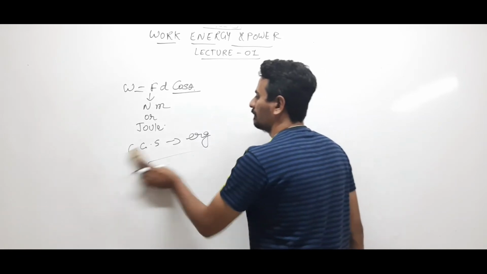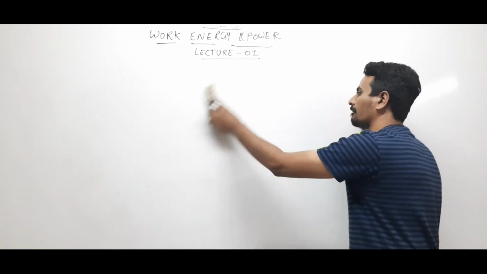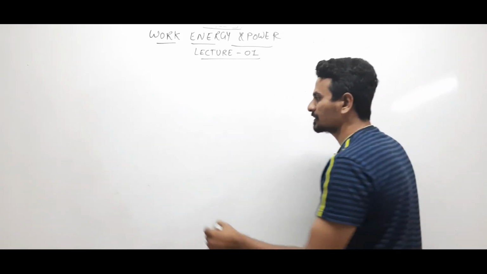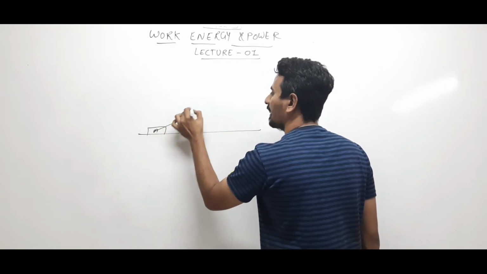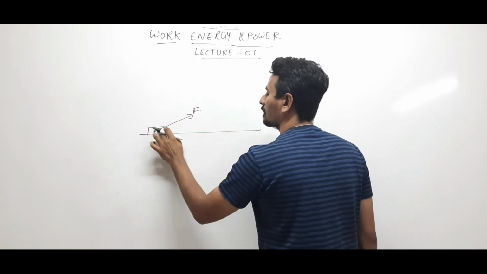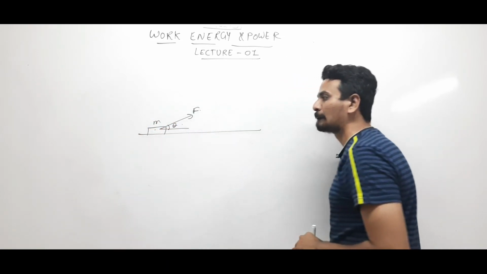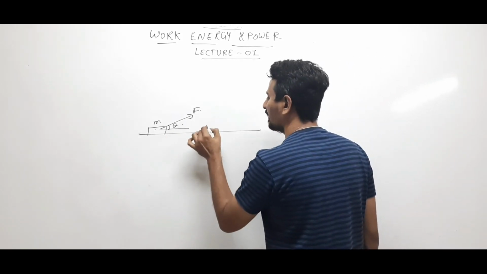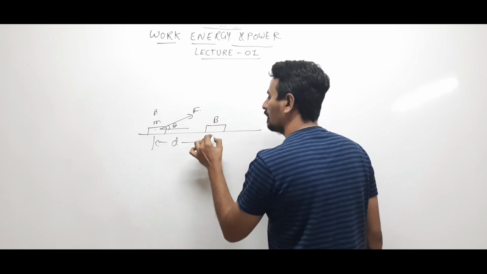Okay, now let me define more precisely what work done actually is. Now suppose a force F is applied which makes an angle theta with the horizontal. And because of this force, the block displaces by an amount, say d.